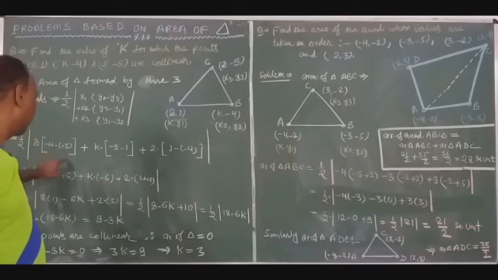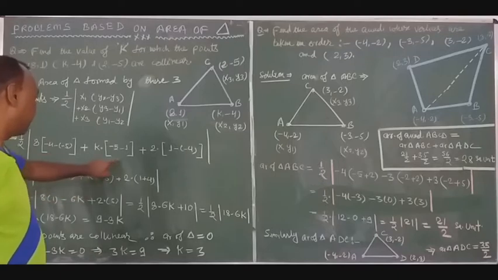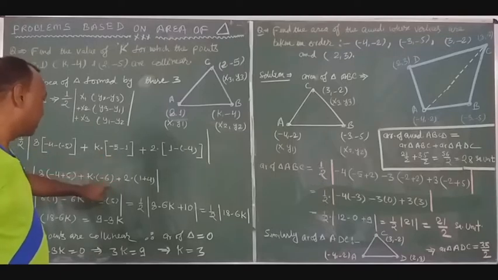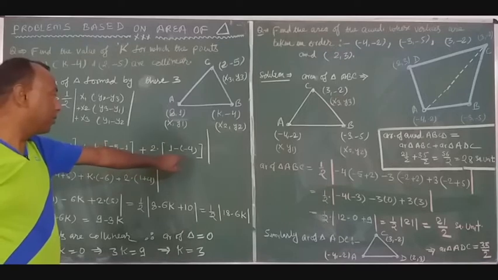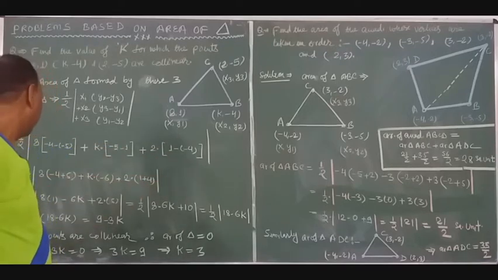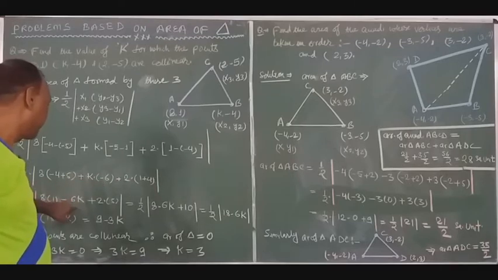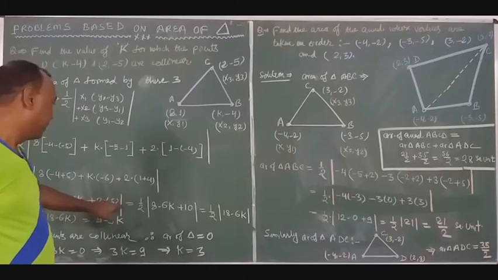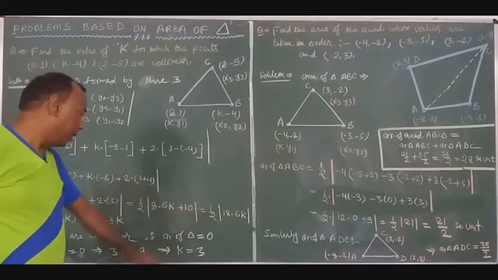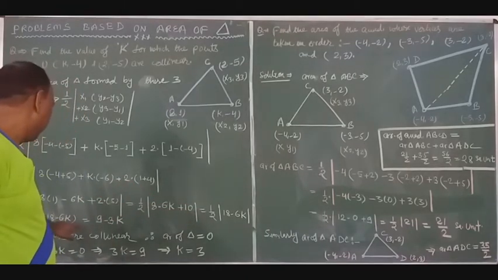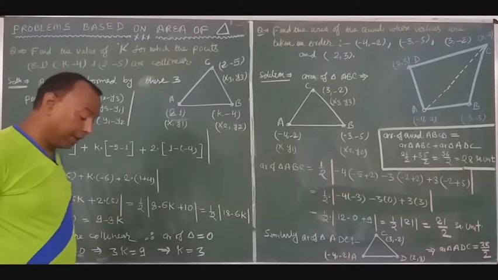This minus will become plus. k times (-5 minus 1) is -6k, plus 2 times 5 is 10. So that is 1/2 into mod of 8 into 1, minus 6k, plus 10. In this way you will proceed, and finally you will get 9 minus 3k.